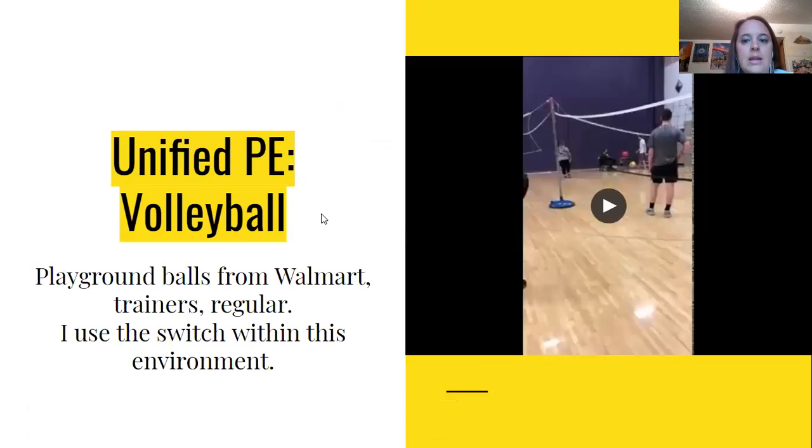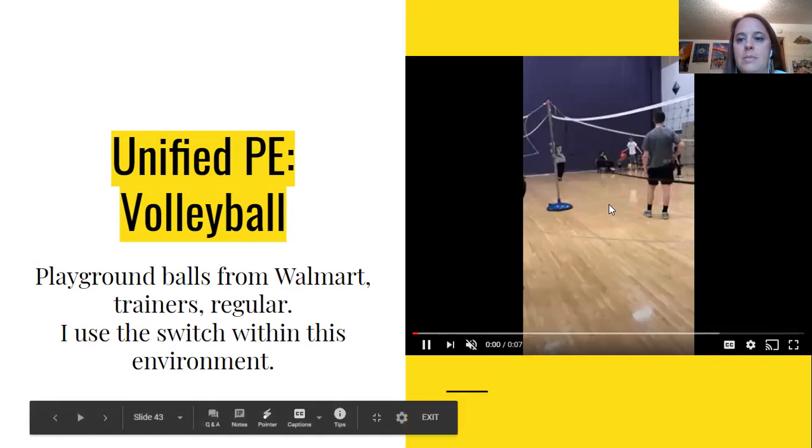Let's move on. This is unified volleyball. So I set up my switch here in the corner because that's where my outlet is. You have to be really careful with the cord, so I don't let kids move too much. We're playing King of the Court here, and it's a fast moving game. It's a Walmart ball. We have our student in the switch and student with the switch, and we're playing a team game.